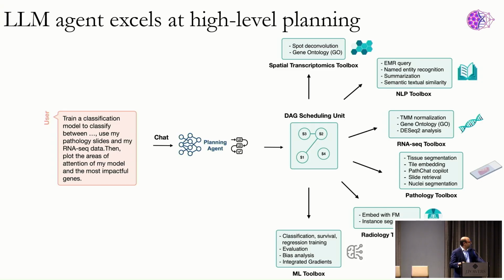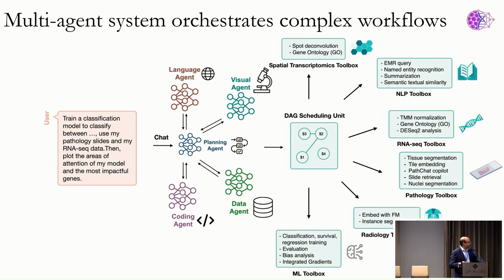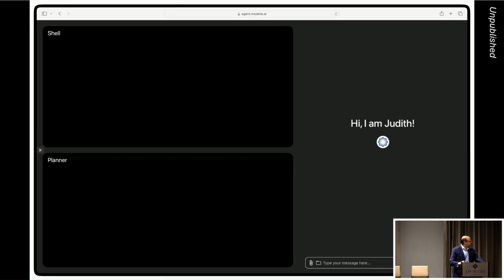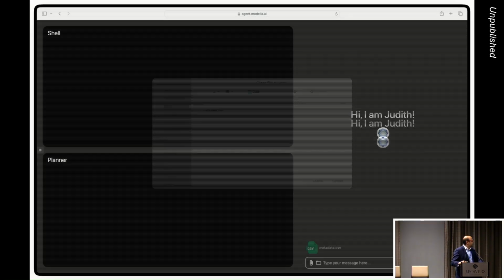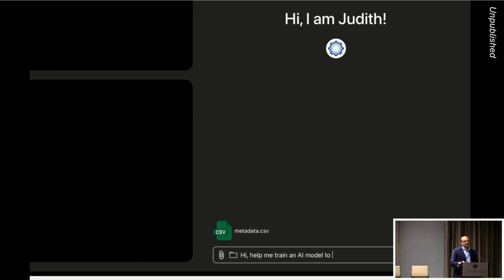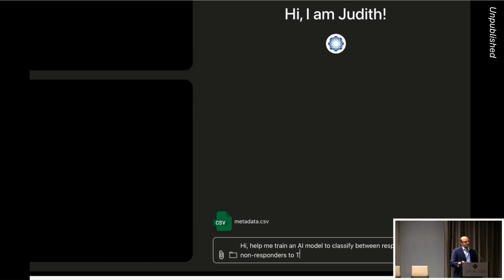That's what we have tried to build in this particular setting, and we are doing it for pathology because that's what we predominantly work on. But the framework is more generic, and more recently there have been all these search tools and language tools that we have really made use of to enable this. Here's a quick example. The user is saying, here's my data, and this data corresponds to a set of responders and non-responders.